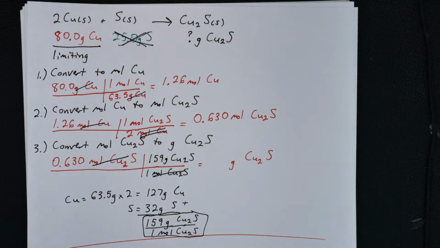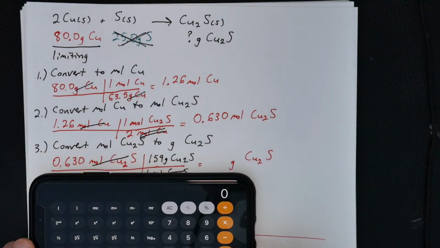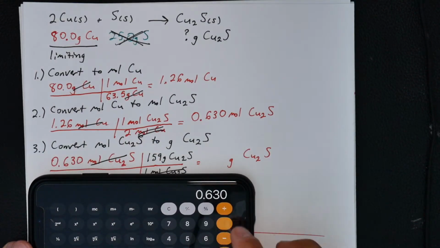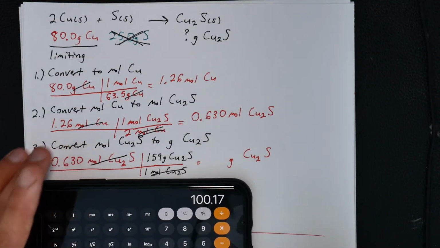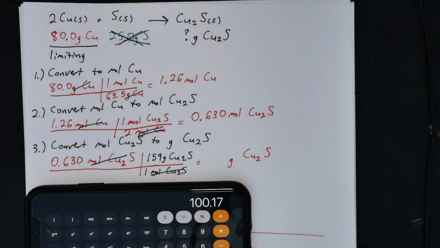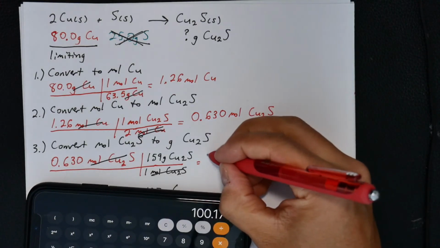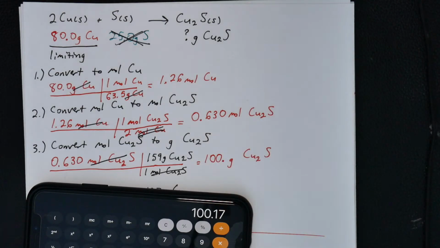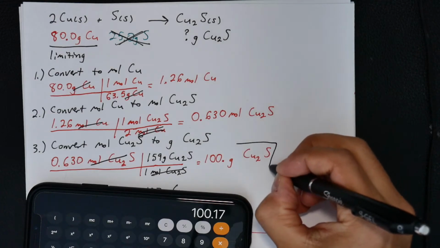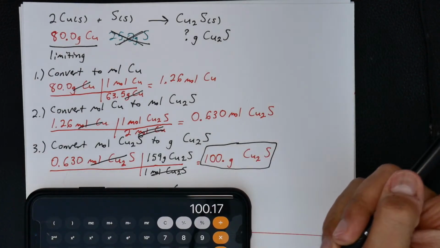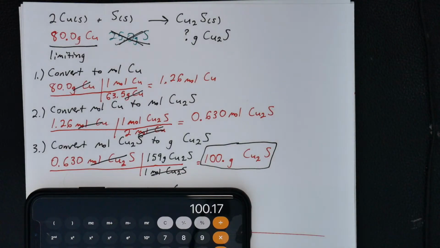So we're basically just going to take 0.630 times 159 equals, we get 100.17, and if we want to round to 3 significant figures, let's just write it as 100 with a decimal point at the end, which looks kind of funky, but that's 3 significant figures. So about 100 grams. That would be the maximum amount of copper 1 sulfide we can make.